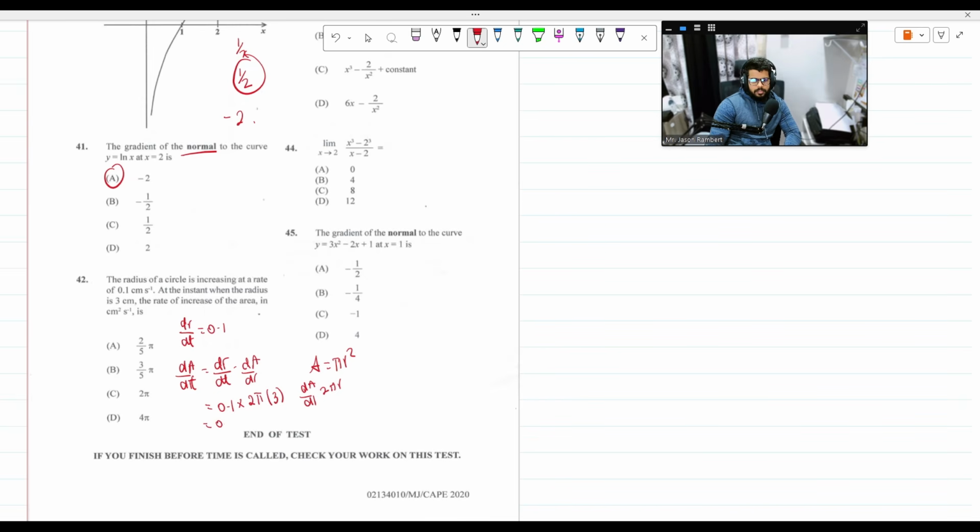So we get 0.6 pi. And 0.6 is 6 over 10, which is 3/5. 3/5 pi.